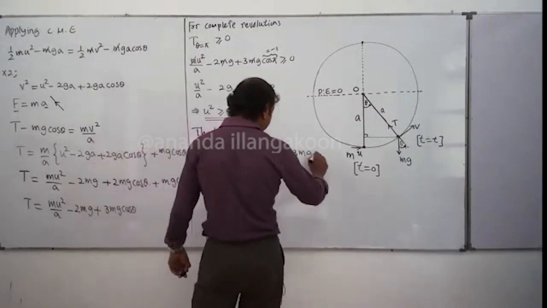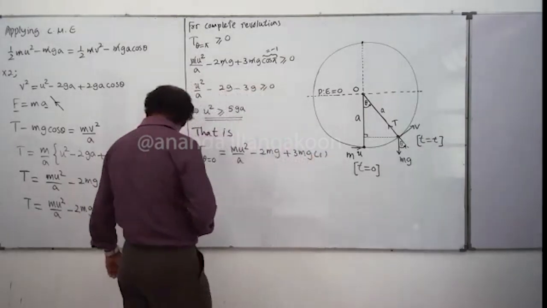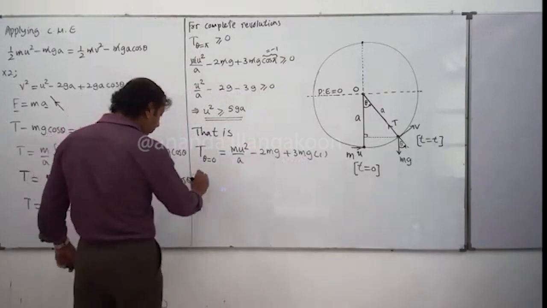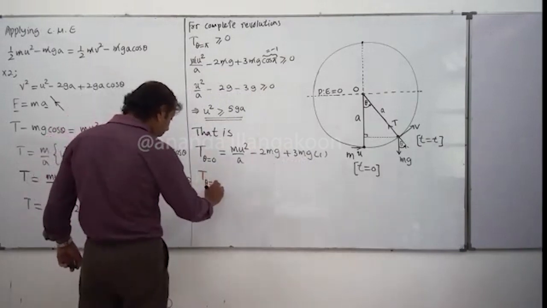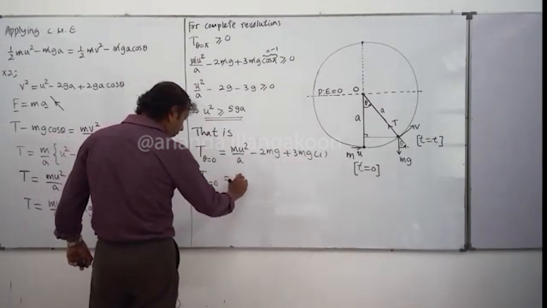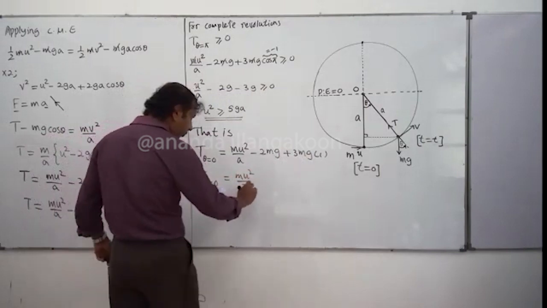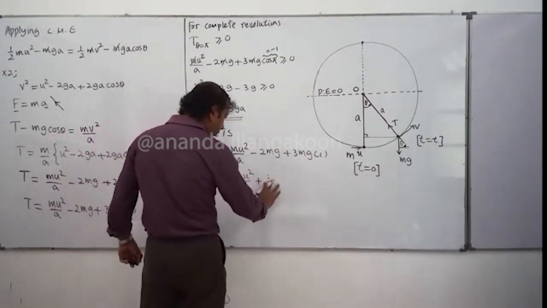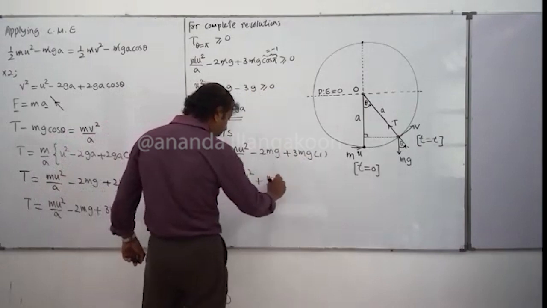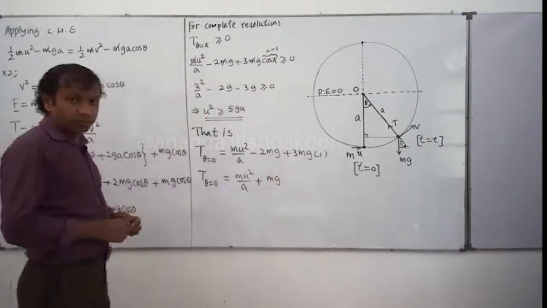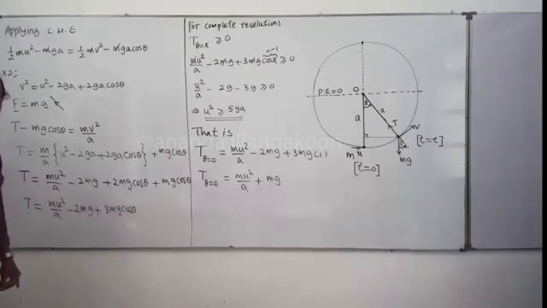Cos theta is 1 now. This is the maximum tension in the spring.